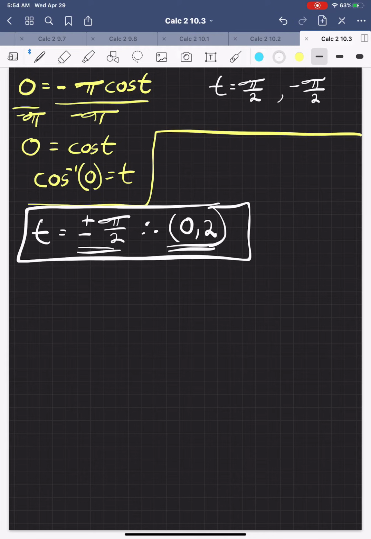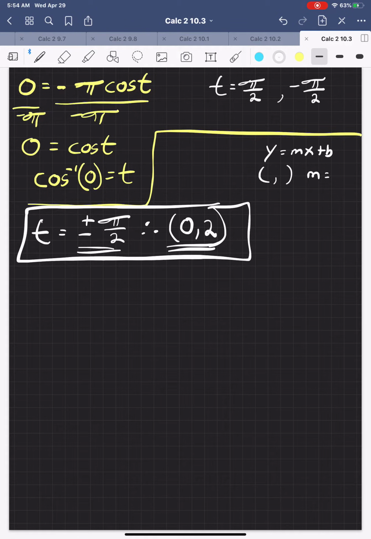Now, we were asked to find the equations of the tangent lines. To find the equation y = mx + b, you need a point and you need a slope. We don't have a slope.